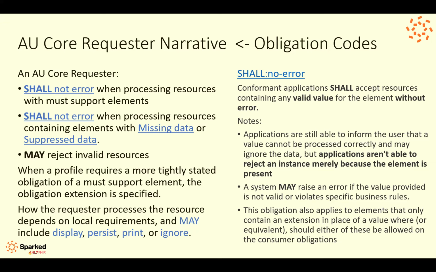But I am able to, in a sense, annotate this resource and put a comment to my downstream resources saying this resource has come and some bits aren't what I like. Is that the sort of thing that we're saying here, that no error means if you get it and it's got some must supports that you don't want to use, you can't give up? You've got to do something useful with it.